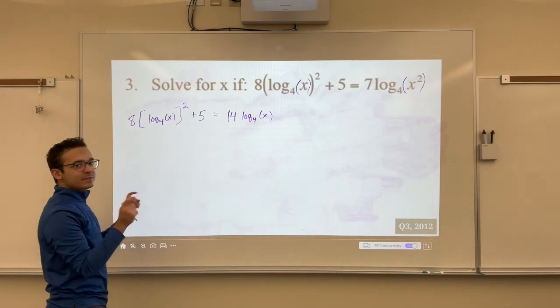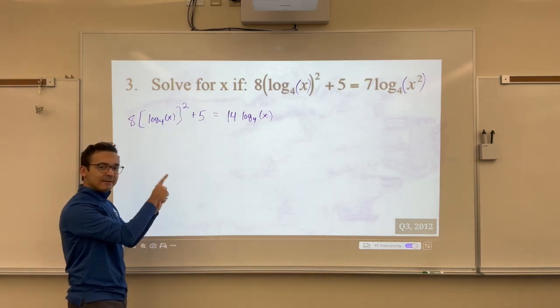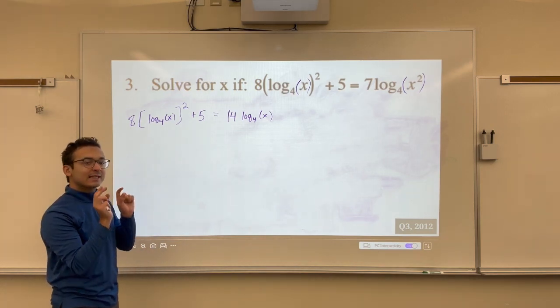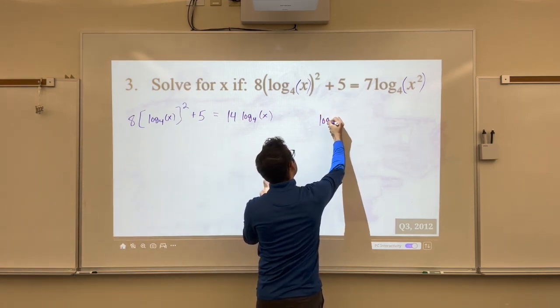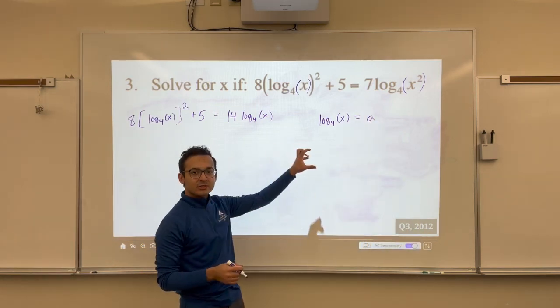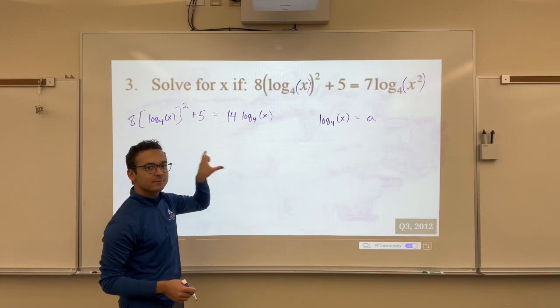Now that we have this expression, we are going to solve this as if it were a quadratic. And in order for you to visualize that clearly, I'm going to say that the log base 4 of x equals a. So a is just a placeholder, but it will allow us to better visualize how to solve this problem.